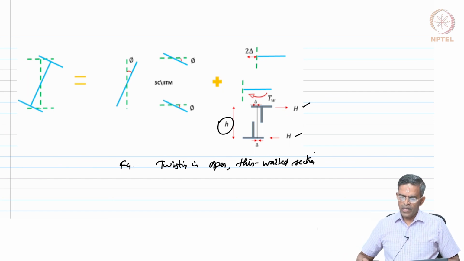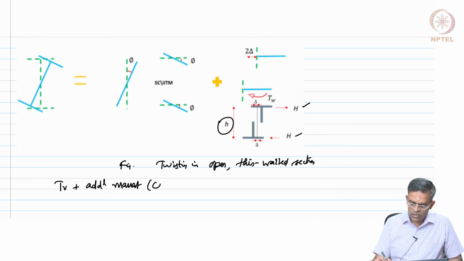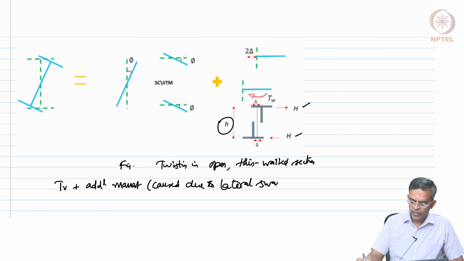The twisting moment applied at one end can be seen as a sum of pure torsion and an additional moment Tw. This additional moment is caused due to the lateral sway of the top and bottom flange.